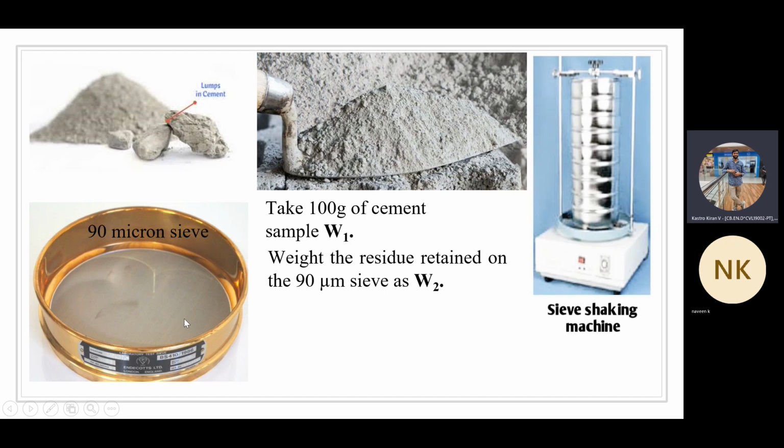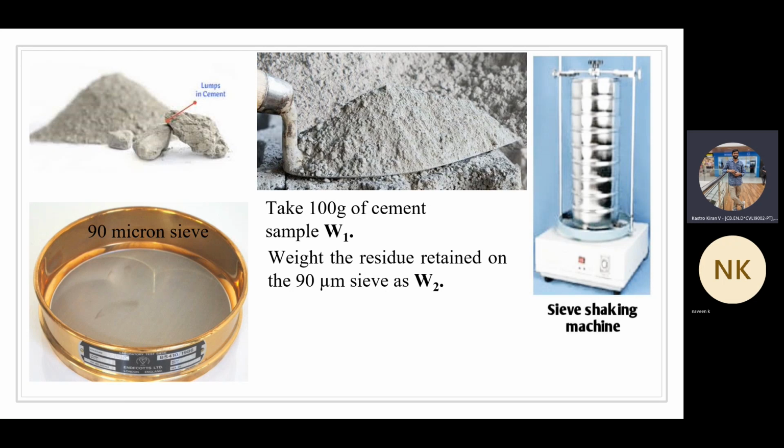I was telling that you have to sieve the sample for at least 5 minutes. Now, in the process of sieving, what happens? Some particles will flow through this sieve. Some particles will be there on the top of the sieve. So whatever sample of particles are available on the top of the sieve, you're going to collect that sample and measure the weight.